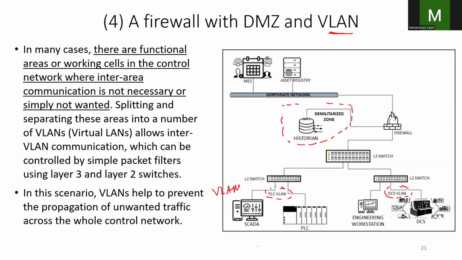In many control systems, not all parts need to talk to each other. For example, the SCADA might not need to communicate with every PLC or DCS cell. So we need to divide the network into VLANs, virtual LANs. Here we have one with the PLC and one with the DCS, and each VLAN can represent a functional area.